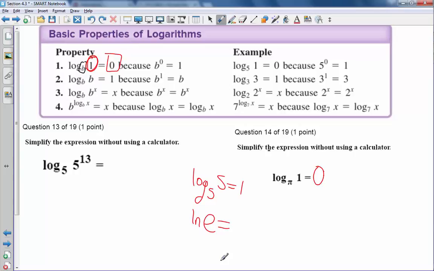What's that? It's 1. How is this 1? Because what does ln mean? It's logarithm base e. Oh, look at this. It's a match. If they match, it's 1. So when you have these two matching, call it 1.